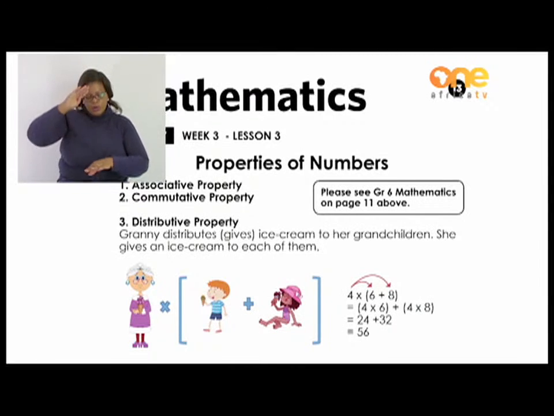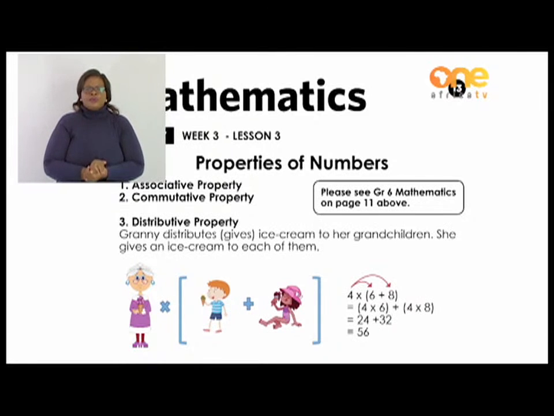Granny distributes, or let's say gives, ice cream to her grandchildren. She gives an ice cream to each of them. Now if you look at the pictures, you can see the granny there. She's giving some ice creams to the children. There are 2 inside the brackets.